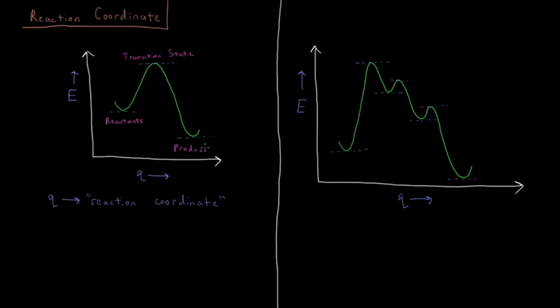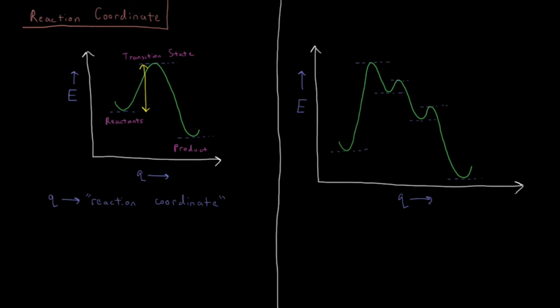So as drawn here, if this was the Gibbs energy, this would be an exergonic reaction. It would be spontaneous because we had a decrease in Gibbs energy during this reaction. Some quantities that we want to label: going up from the reactants to the transition state.